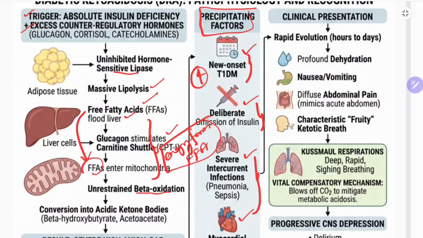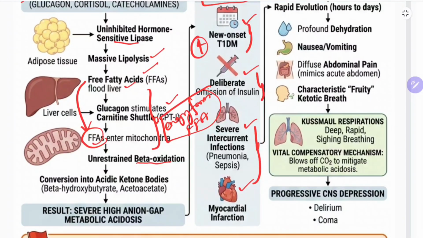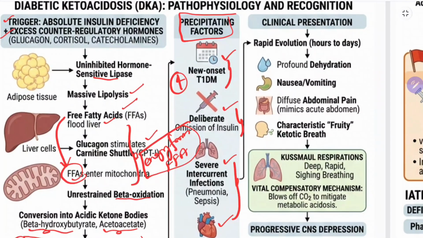So free fatty acids are utilized as a source of energy, so that will result in the formation of ketone bodies, majorly beta hydroxybutyrate and acetoacetate. So that will result in severe high anion gap metabolic acidosis.